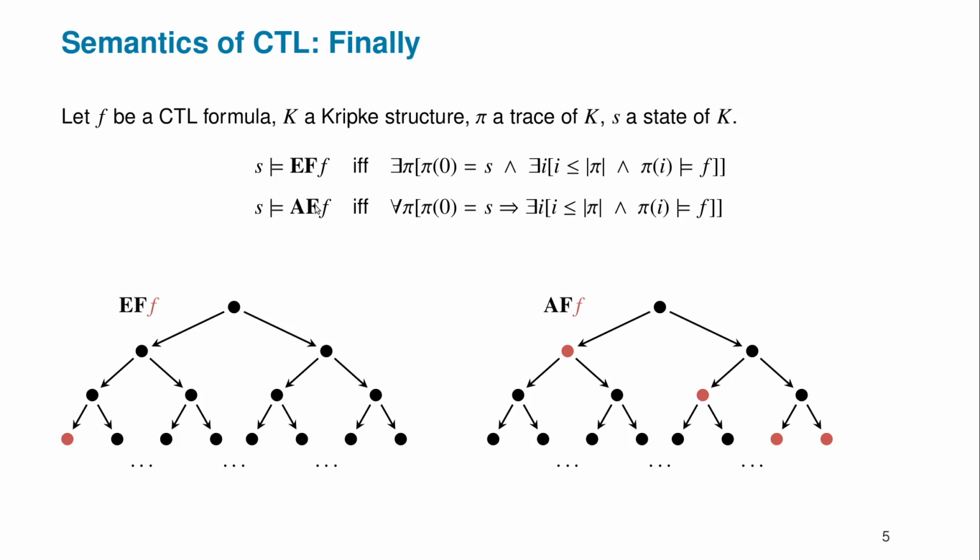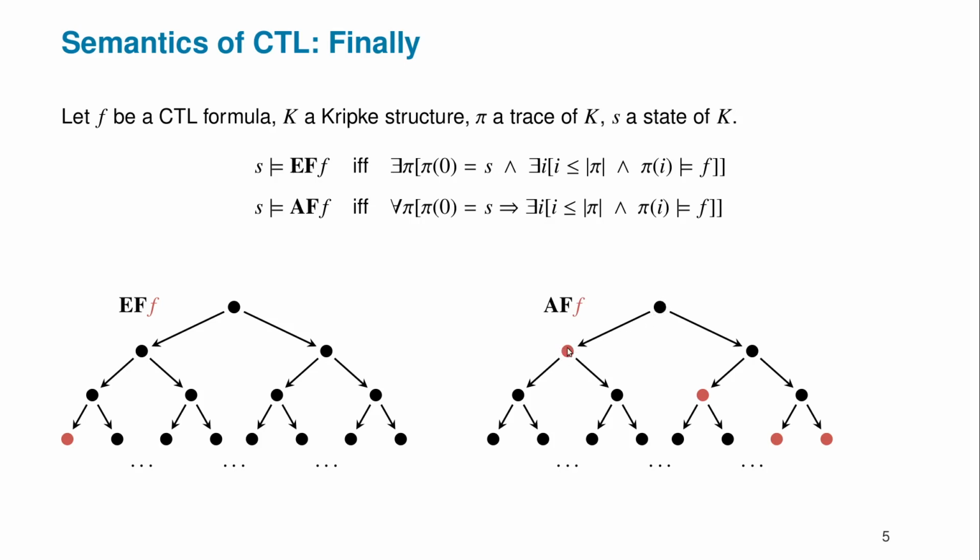And for AF F, this holds in S if and only if for all paths that start with S, we can find an i such that at p_i, so at position i, F holds. Here we now have to look that in every possible path, starting from our current state S, we find a state where F holds.